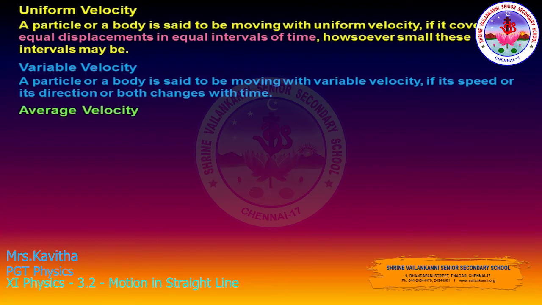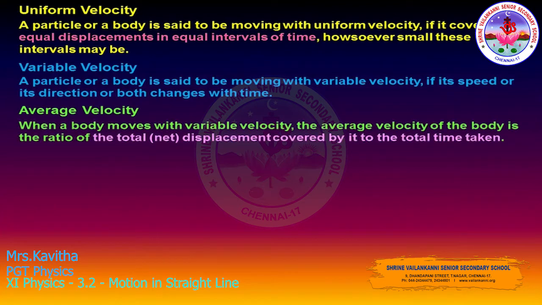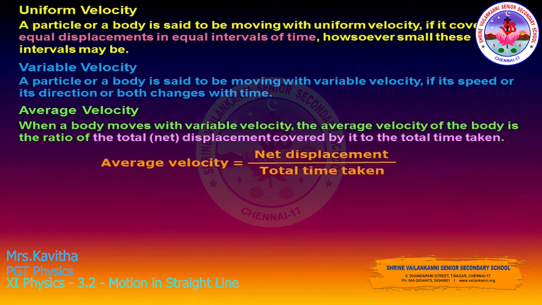What is average velocity? Suppose a body moves with variable velocity. The average velocity of the body is the ratio of the total displacement covered by it to the total time taken. That is the net displacement, or total displacement by total time taken.